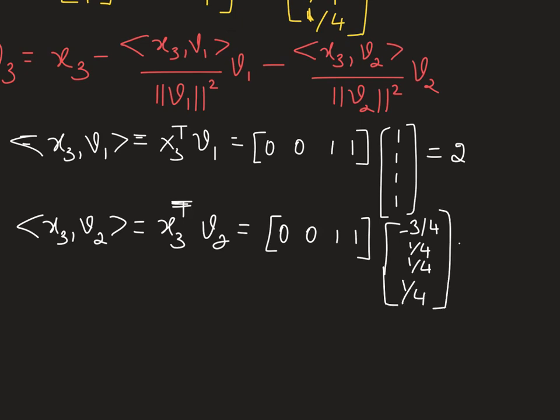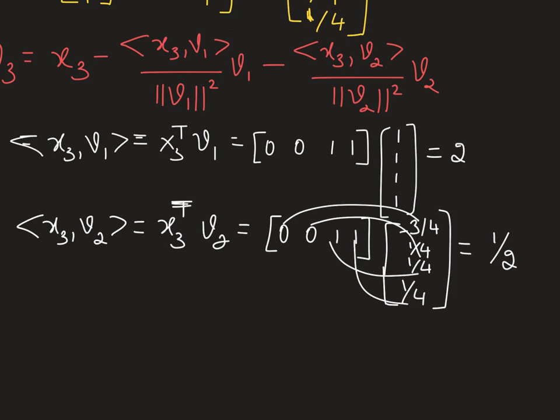So matrix multiplication of row with the column, we get 1/4 plus 1/4, it's 2/4, which can be written as 1/2. So 0 into this, 0 into this, 1 into this, plus 1 into this gives 2/4, where 2/4 can be written as 1/2.